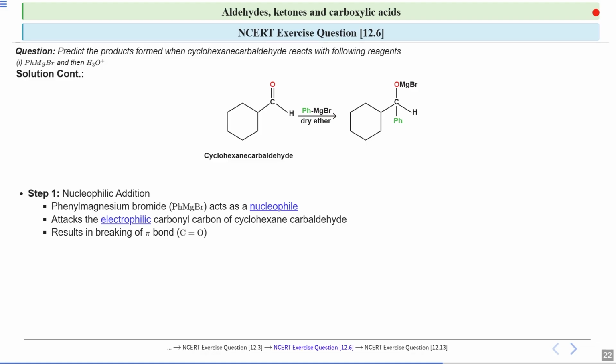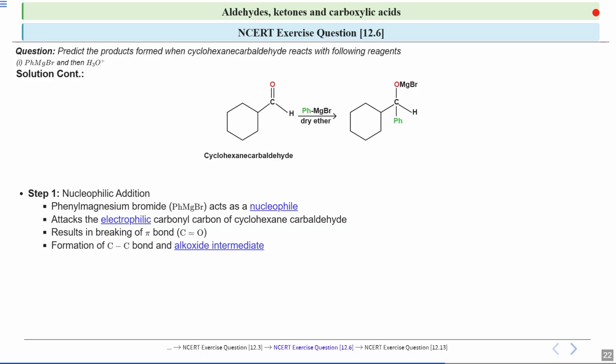So when the nucleophile attacks, the pi bond in the carbonyl group breaks. When this nucleophile attacks this carbonyl carbon, the pi bond over here will break. The double bond between the carbon and oxygen now becomes a single bond. And oxygen picks up a negative charge, which forms an alkoxide intermediate.